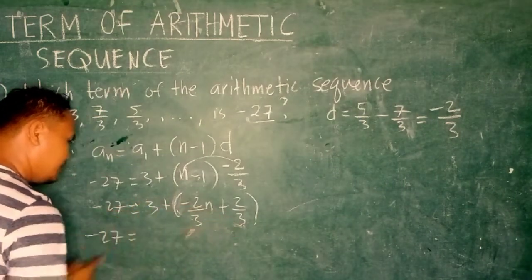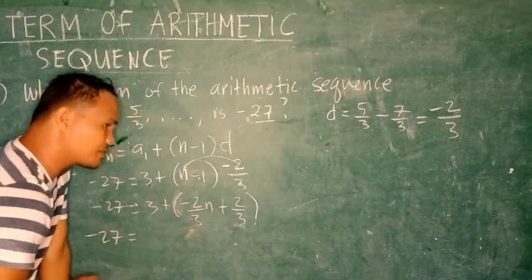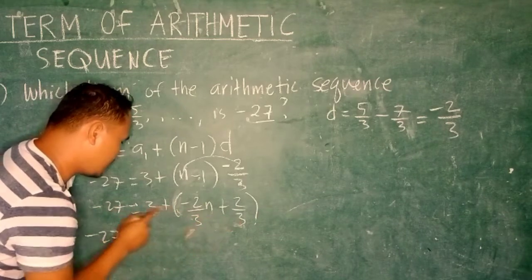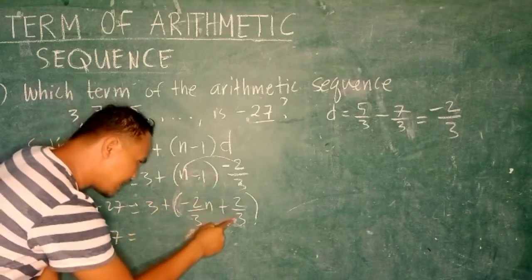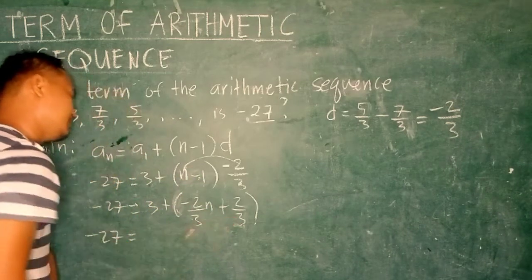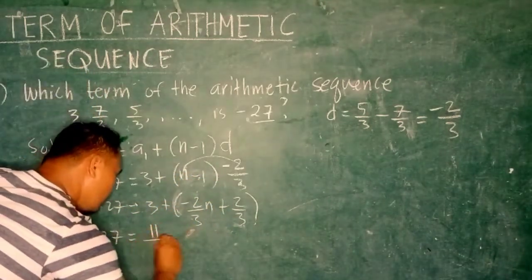ato ni sila i-combine, kung ang fraction mag-add or mag-minus sa usa ka whole number, i-multiply lang nimo ang whole number ug ang denominator. So here 3 times 3, that is 9, plus 2, that is 11 over 3.